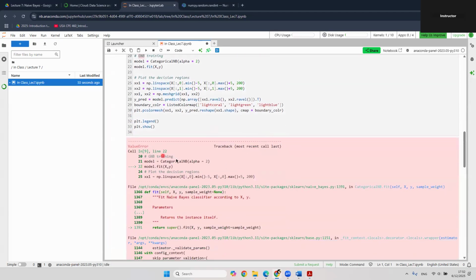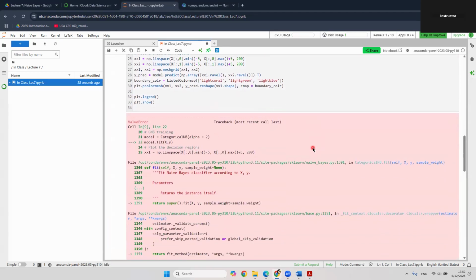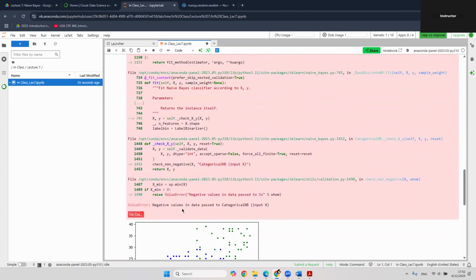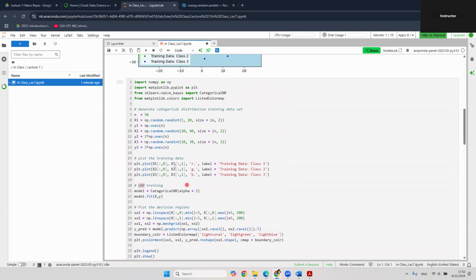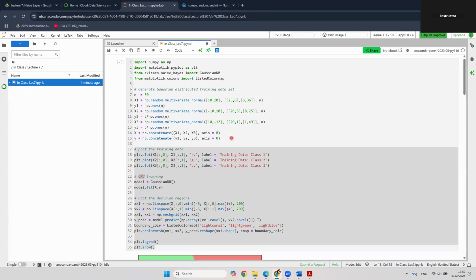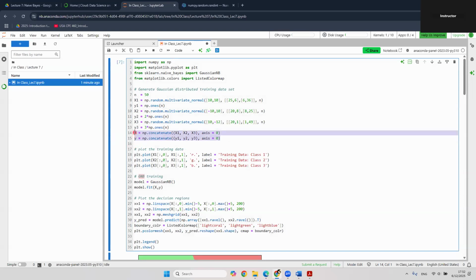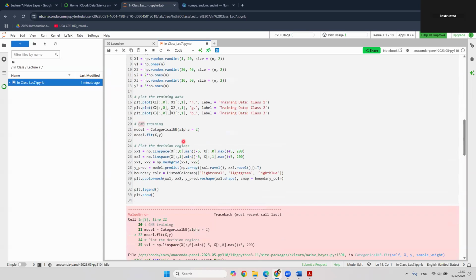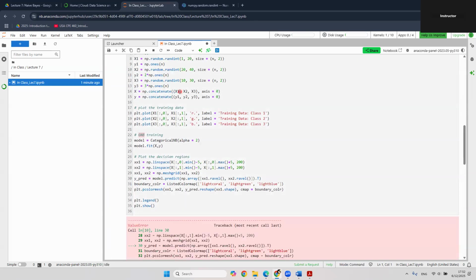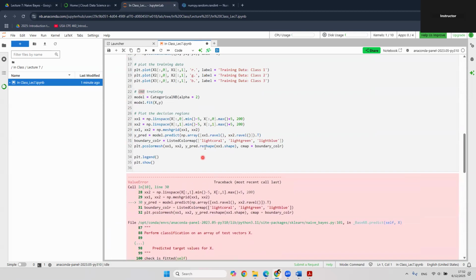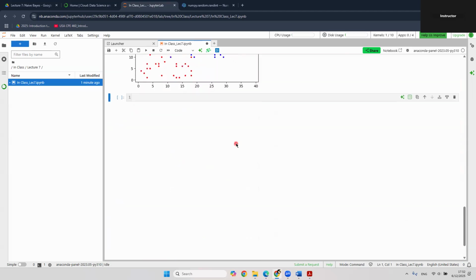Uh-oh, model fit X, y is going to be wrong. Negative data. Huh. That's why, because it's still using the X and y from the previous example. I forgot to do np.concatenate. And wait, where am I running?